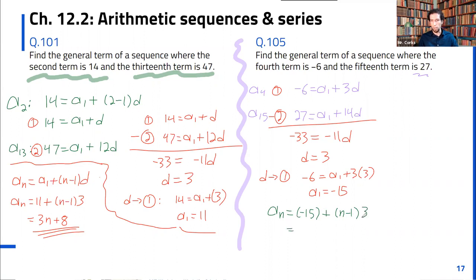Okay, so the n is going to be 3n. And then we have -15, and we will be subtracting 3, -1 times 3, so -18. There's the general term, and of course we can use that to find any term in the sequence.